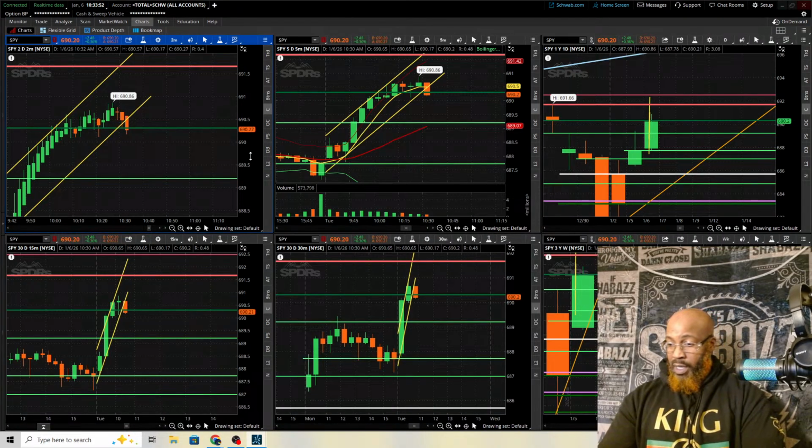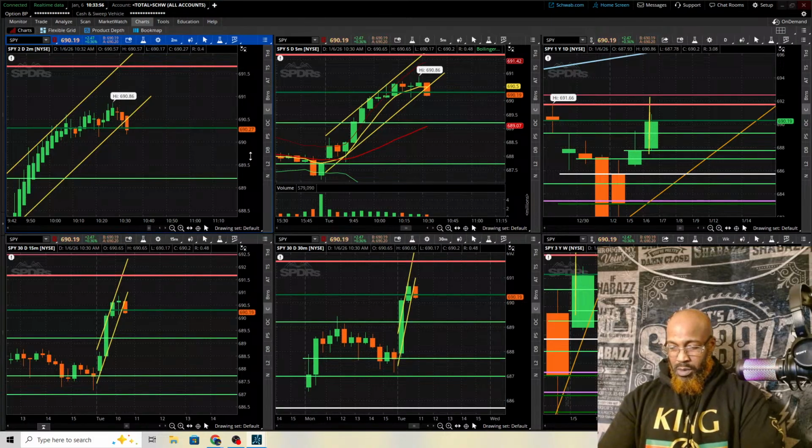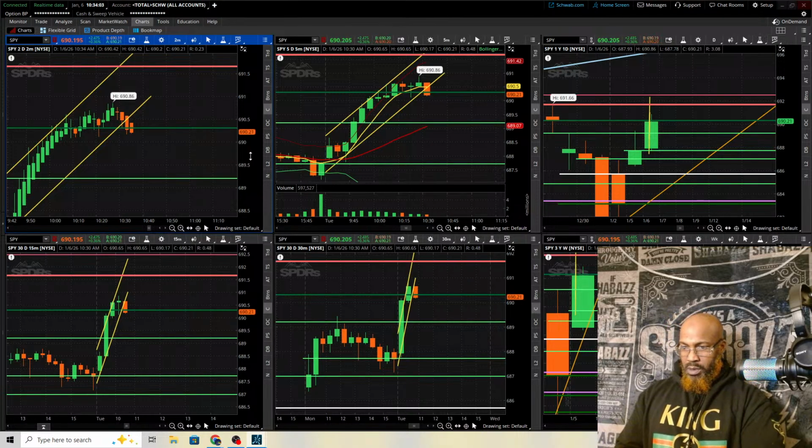Alrighty, I will now begin to look for another potential entry. Looking for this candle to close in less than 1 minute.